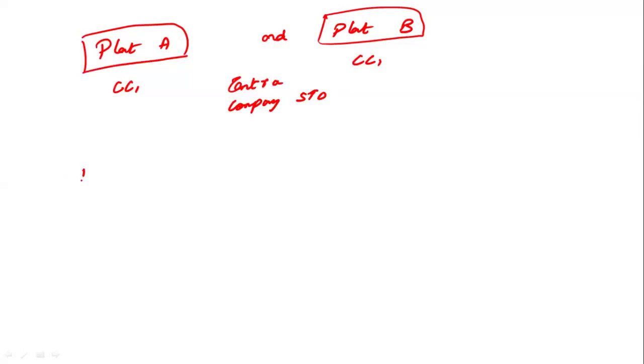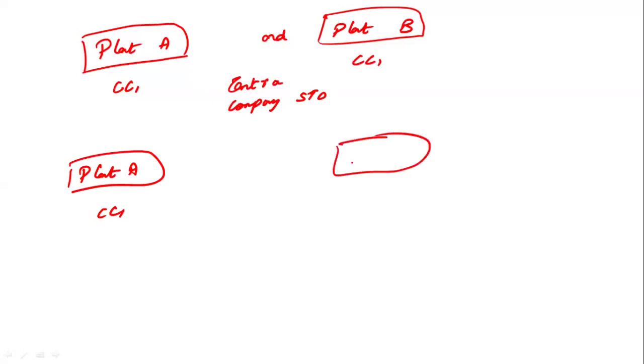Okay, if plant A belongs to company code 1, plant B belongs to company code 2. If you're transferring the material from one company code to other company code, sorry, from one plant to other plant, but belongs to different company code, then this is called as intercompany STO.